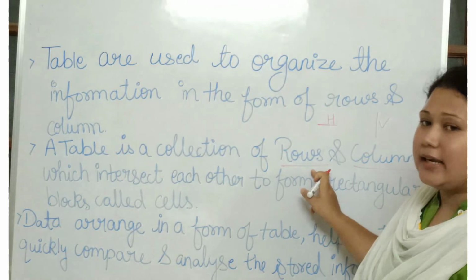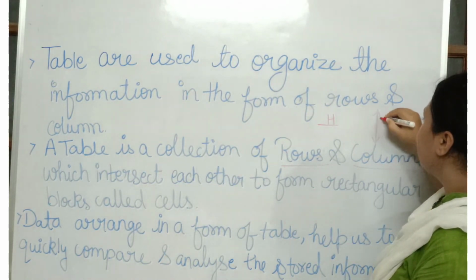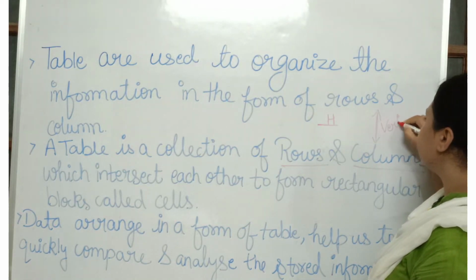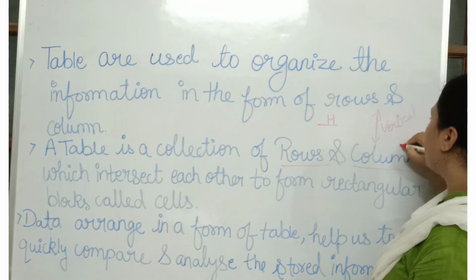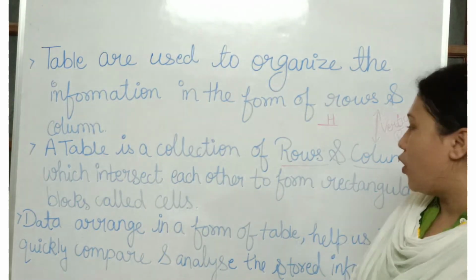The vertical line, the standing line, is called a row.